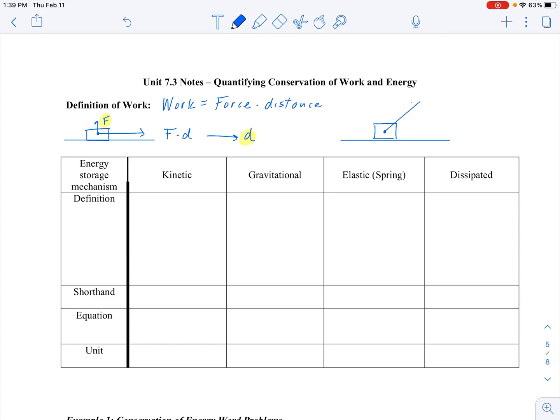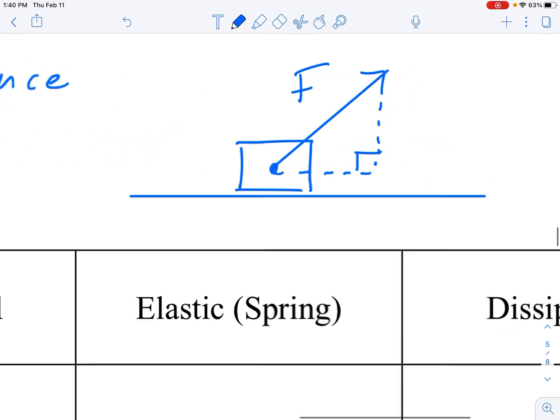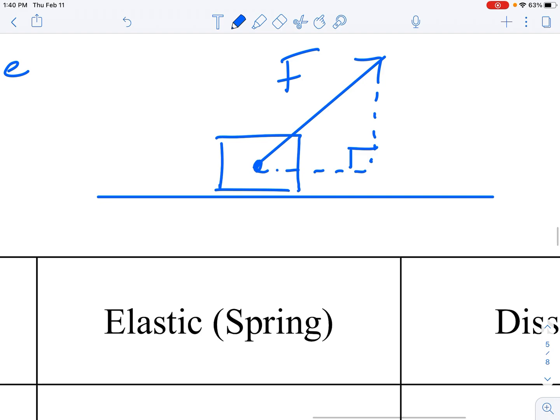Another example, again, suppose I have an object sitting on a table, and suppose I pull with a force at an angle. An example of this might be pulling a child in a wagon where the handle of the wagon is at an angle. In this case, the force that I exert does some work, but it doesn't do as much work as we might think.